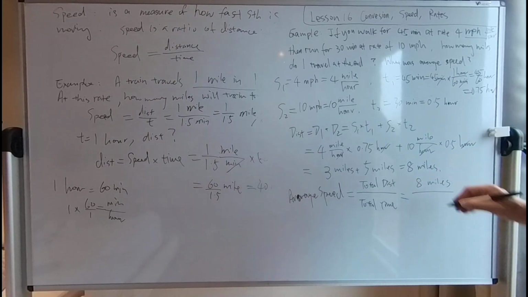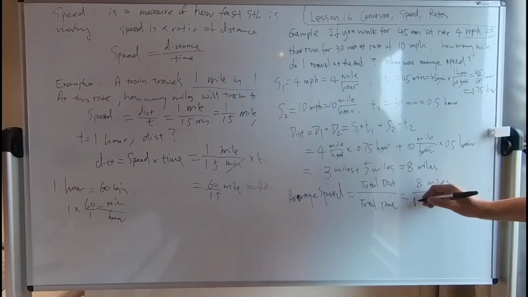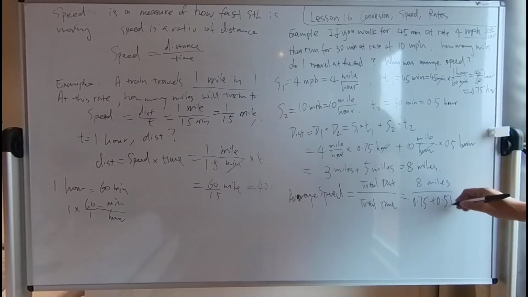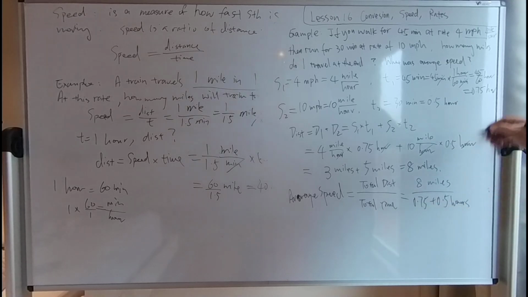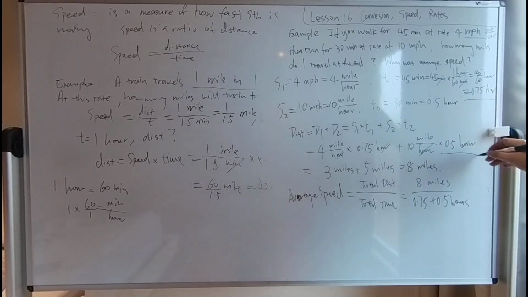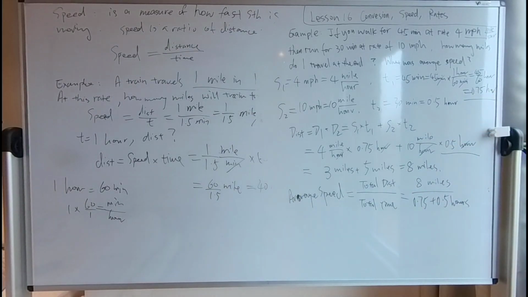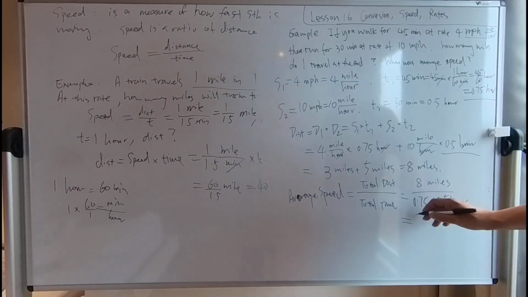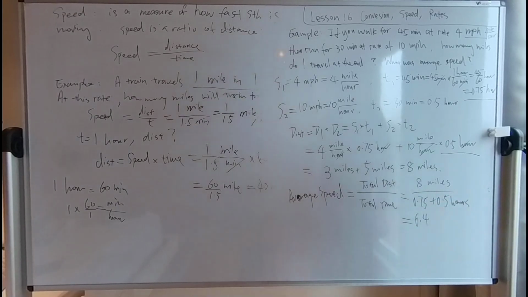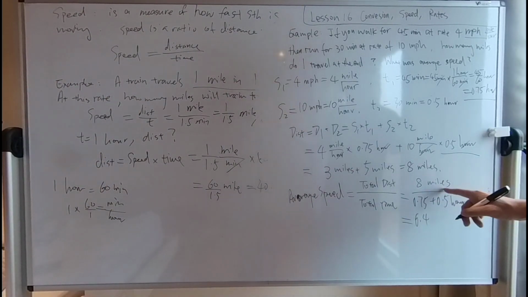And the total time I spent is 0.75 plus 0.5 hours, right? I just have the total time. Eventually, you will do the calculation, and finally, the division will give you 6.4 miles per hour.